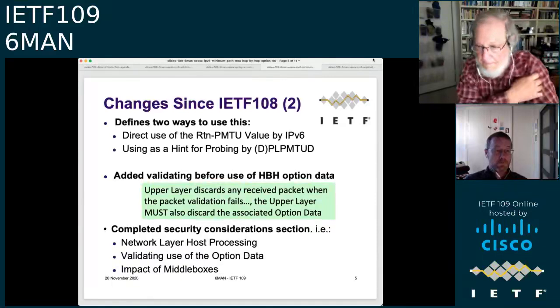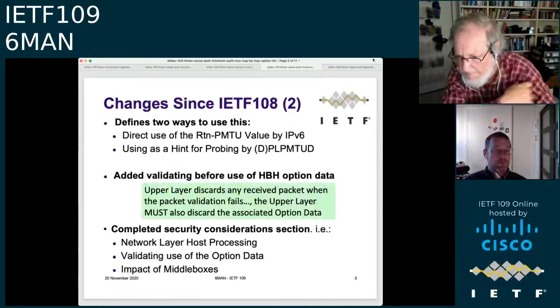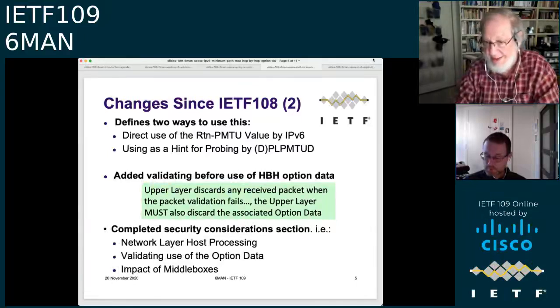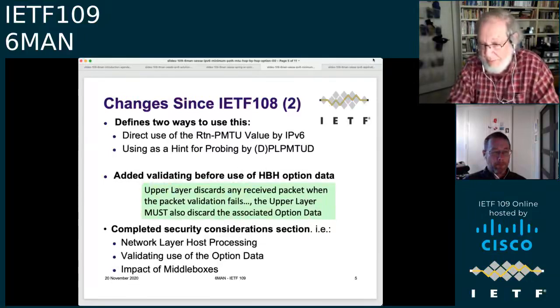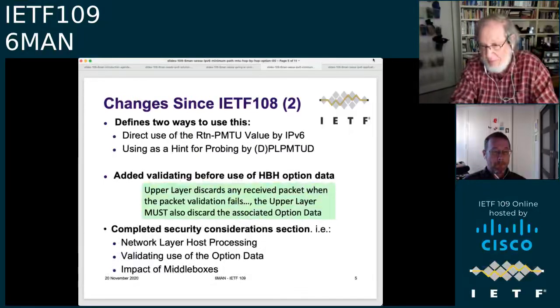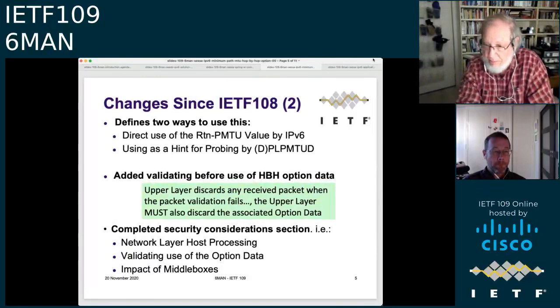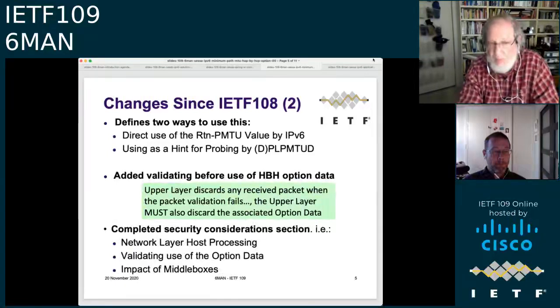But what this means is if the upper layer processes the hop-by-hop option data, then you can have a better security method because the hop-by-hop option data can't be easily injected off path if this happens. That simple check of can you deliver it to the upper layer? Is the upper layer expecting this packet with the option attached to it? Provides a lot of extra security.